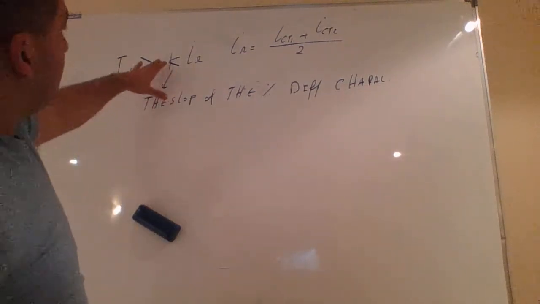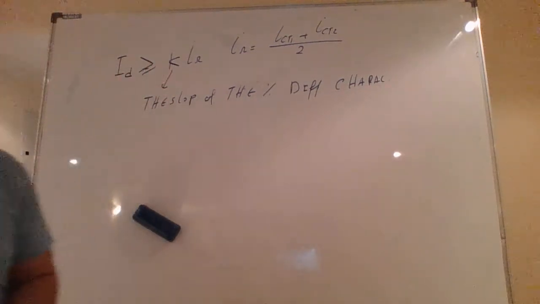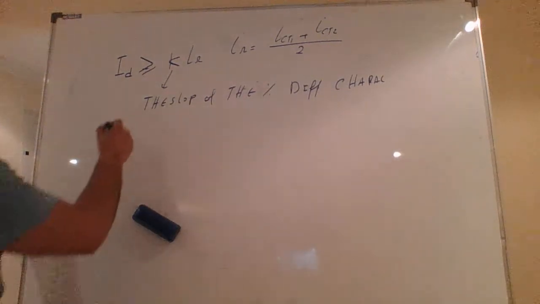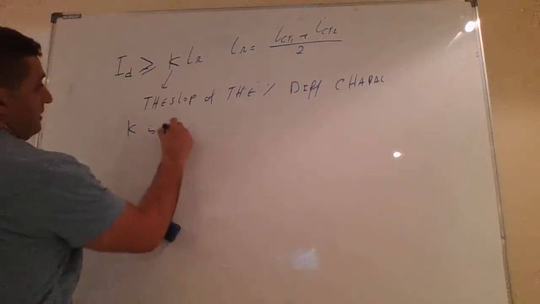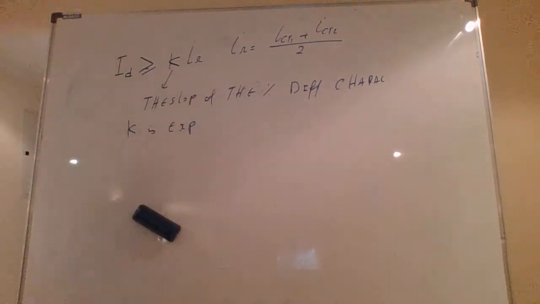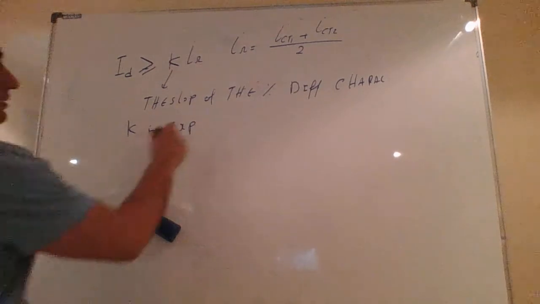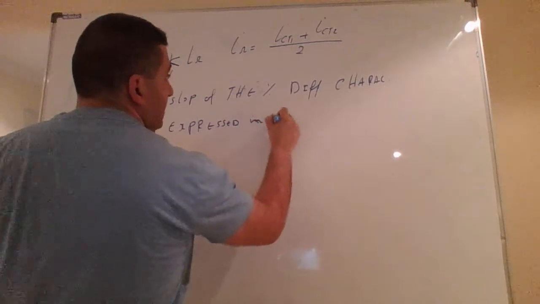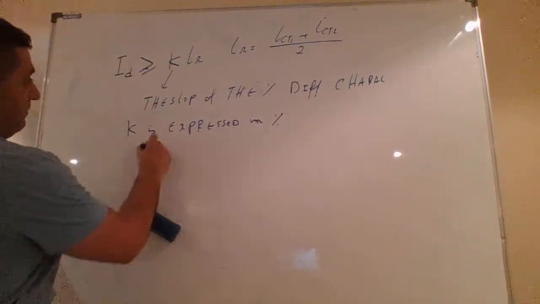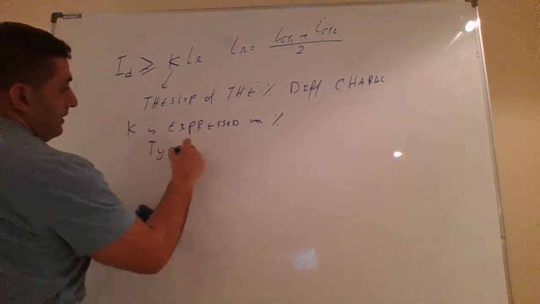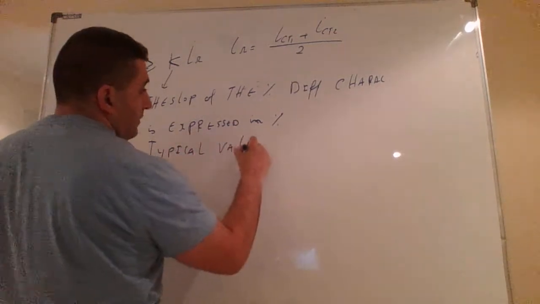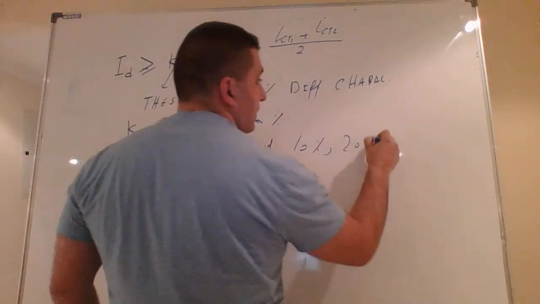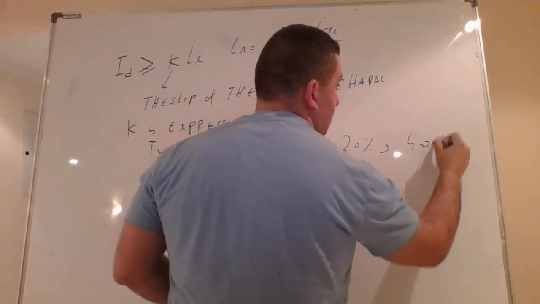Let's first discuss K. What's K? A typical value for K is expressed in percentage, with a typical value of either 10%, 20%, 40%.